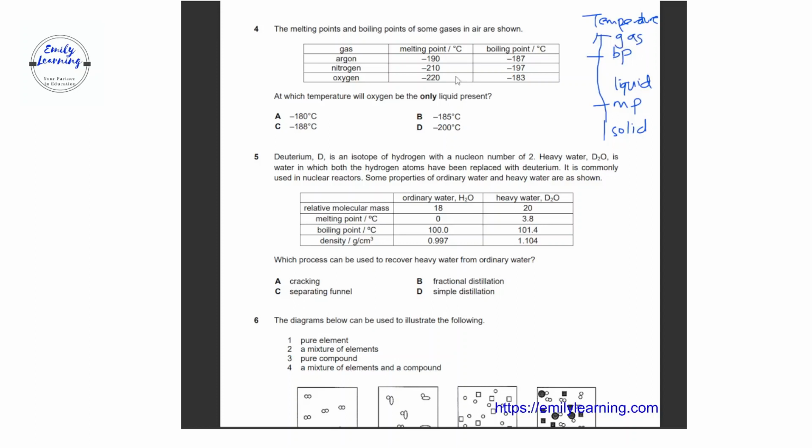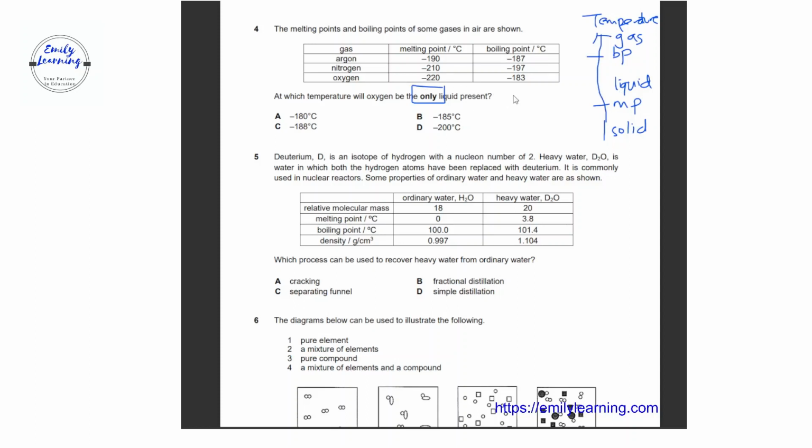So for this question, I will first check whether these temperatures are between minus 183 and minus 220 degrees Celsius, to make sure that oxygen is a liquid. Once I know that, I'll check whether the rest aren't liquid, because I only want oxygen to be a liquid. This is how I'll simplify my answer.